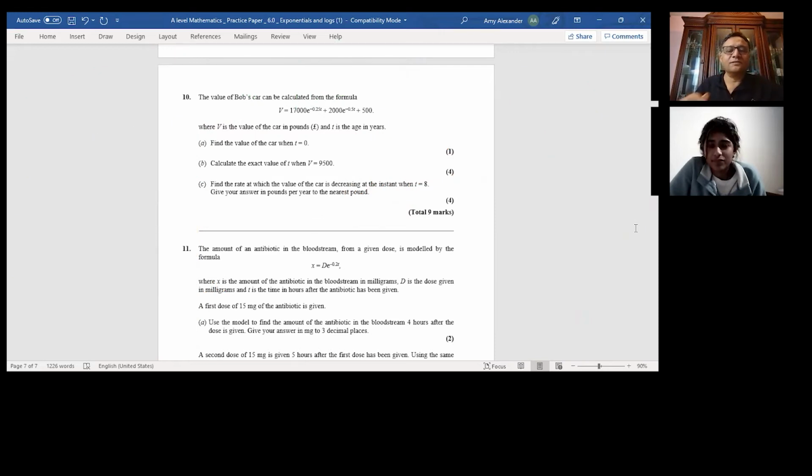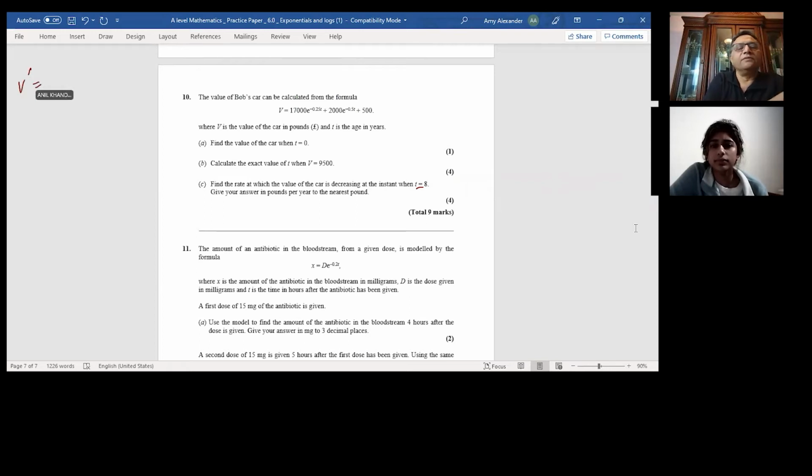Next question is part C of that. Find the rate at which the value of the car is decreasing at the instant when t is 8. Give your answer in pounds per year to the nearest pound. That means you need to find the derivative dV/dt.